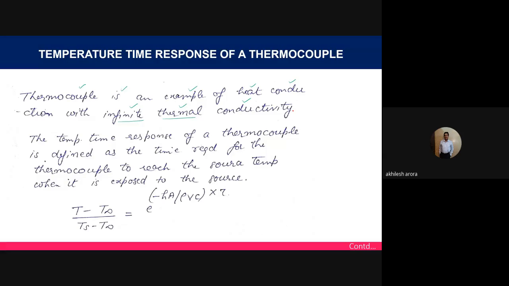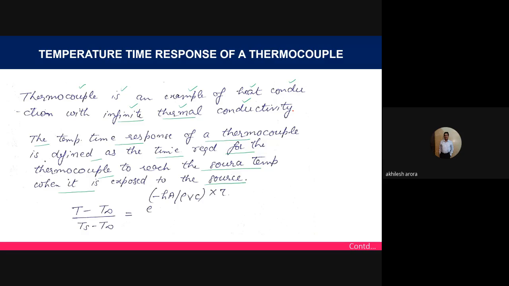That means we are using a material for which the value of k is large. The temperature time response of a thermocouple is defined as the time required for the thermocouple to reach the source temperature when it is exposed to the source.